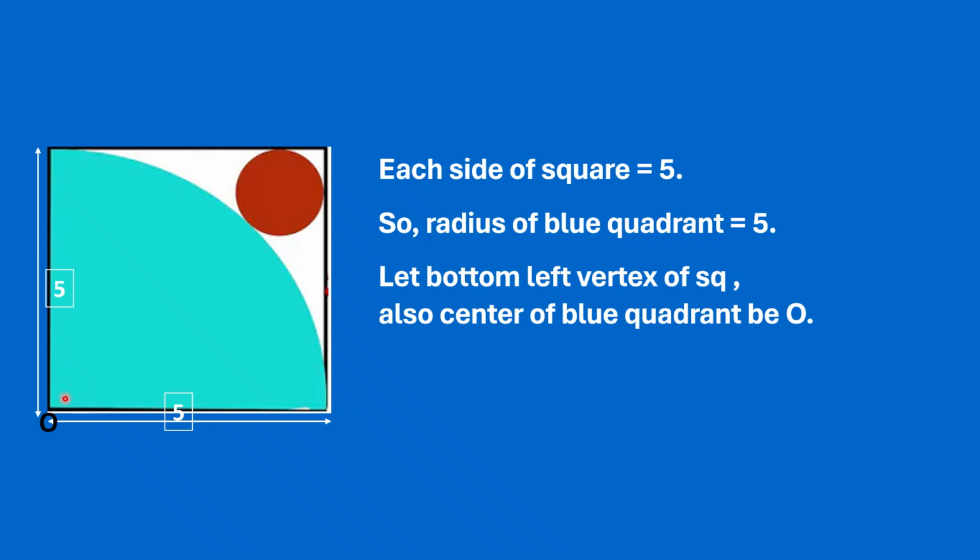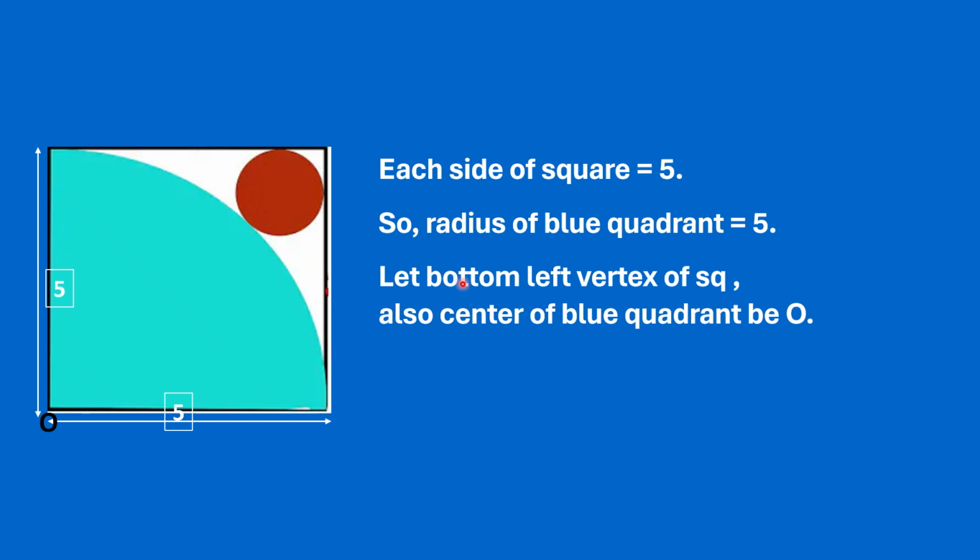See, we have marked it horizontally and vertically. The left bottom corner being the center of the quadrant. The radius is 5 units for the blue quadrant.